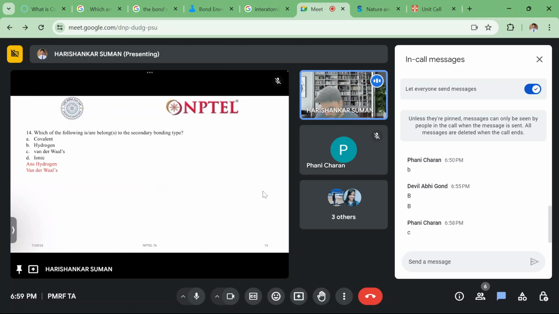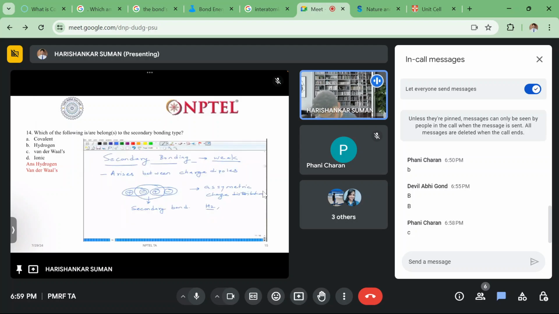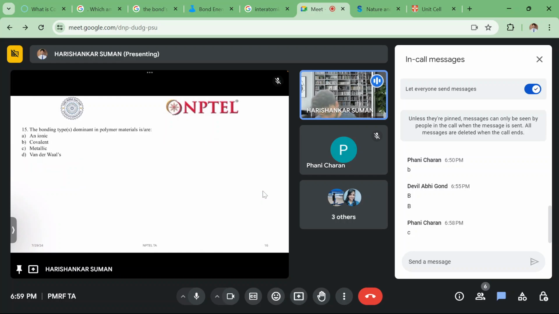So van der Waals and also the hydrogen bond. These are the secondary bonds, and weak bonds. Okay, please learn and remember also. The secondary bonding we already discussed arises between the charge dipole and H2. You can see van der Waals also.